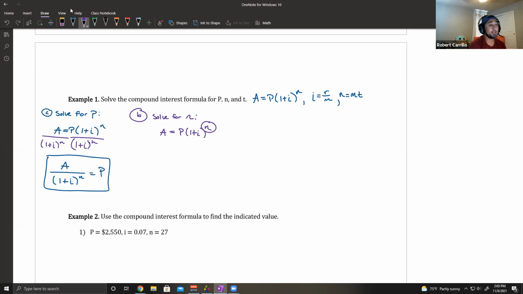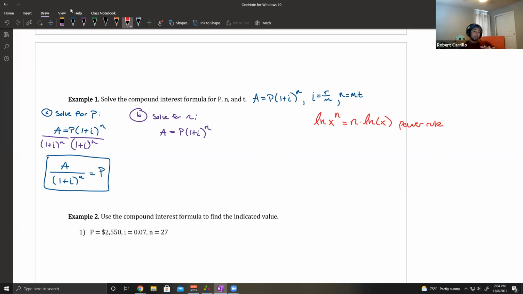So the only way to do that is by using something we learned last class, and that is by using logs. So remember that if I have the natural log of x to the nth power, then I can rewrite it as n times the natural log of x. This is the power rule for logarithms.